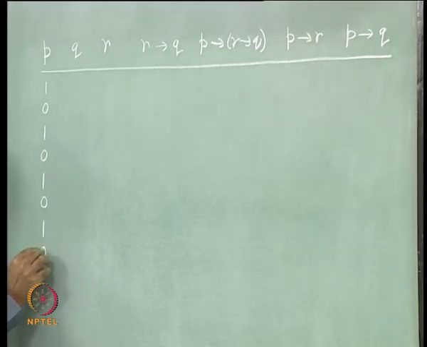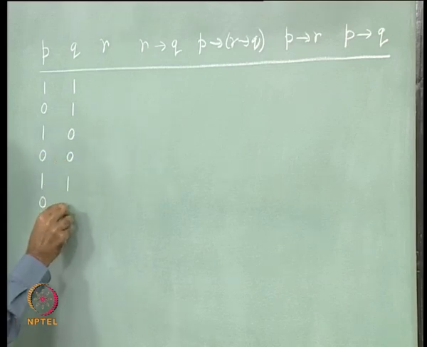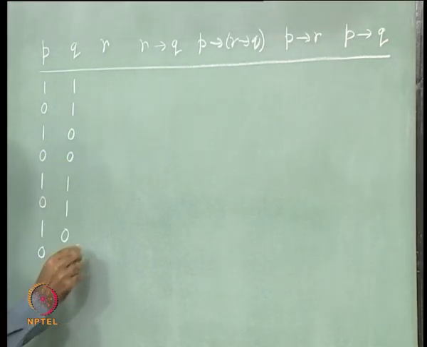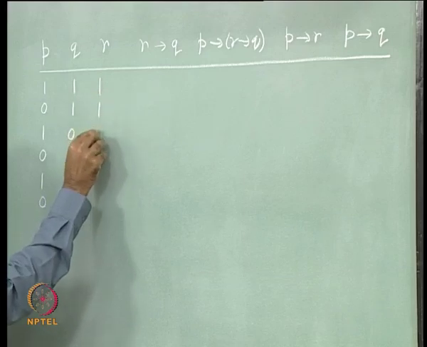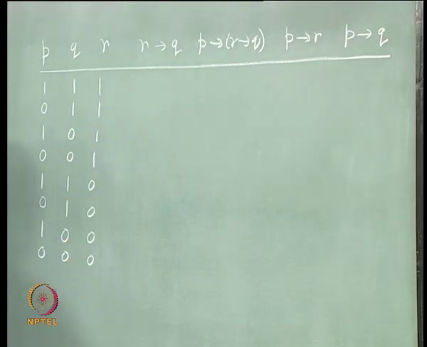There will be 8 lines. Okay. These are the 8 interpretations.